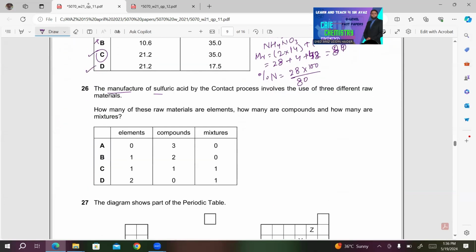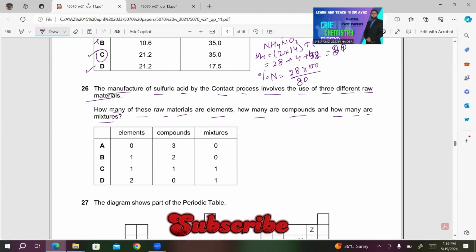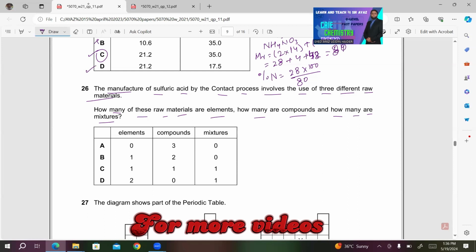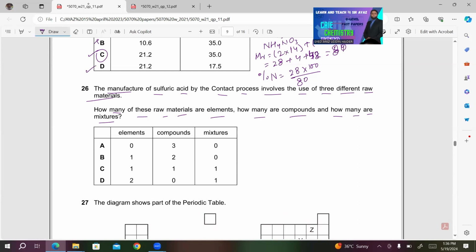The manufacture of sulfuric acid by the contact process involves the use of 3 different raw materials. How many of these raw materials are elements, how many are compounds, and how many are mixtures? So we have only one element, O2. What about compound? Here the compound used is zinc sulfide or SO2. Let's take zinc sulfide.